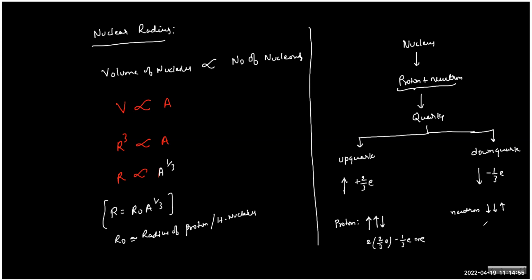So 2 down means minus 2 by 3e, and 1 up means 2 by 3e, and you can see this will be 0. So basically neutron is also made of charge, but the total charge of neutron is 0. It is not chargeless completely.